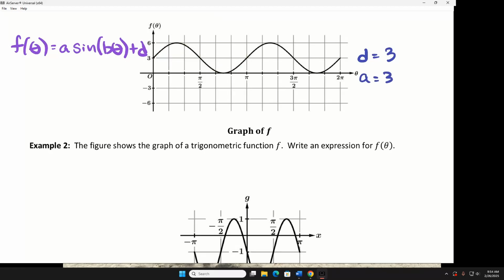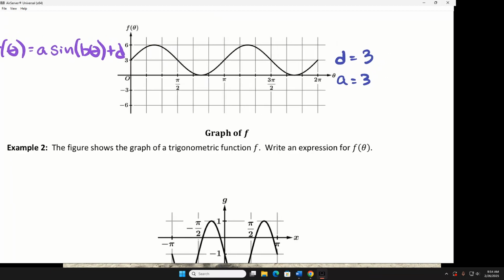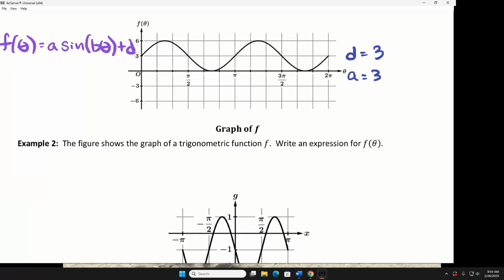That distance between the middle and the max. Okay, and then for the period, what is the period here? Pi. So we've already done this once, but the period should be equal to 2 pi over B. So B is going to be 2 pi over pi, or just 2 again.